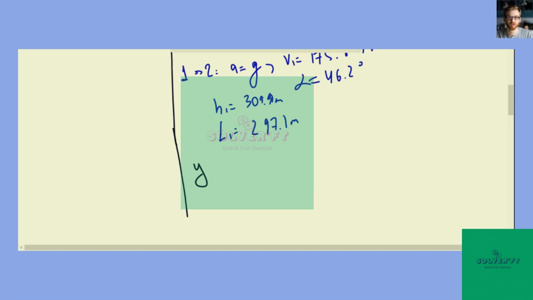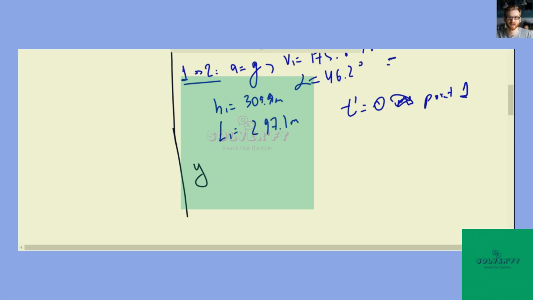Now let's write down the equation for the coordinate y as a function of time. For 1 to 2, we will introduce a time scale t prime, which equals 0 at point 1.